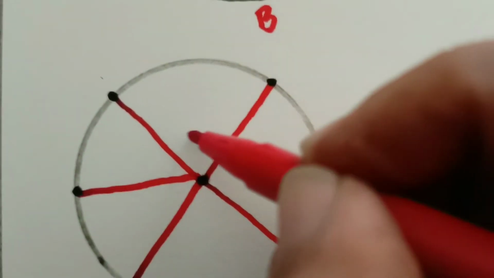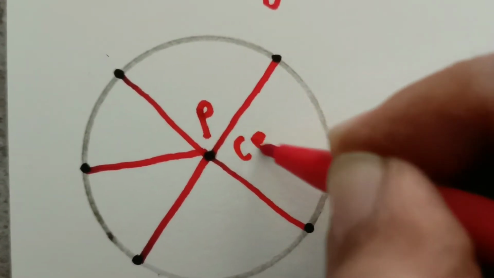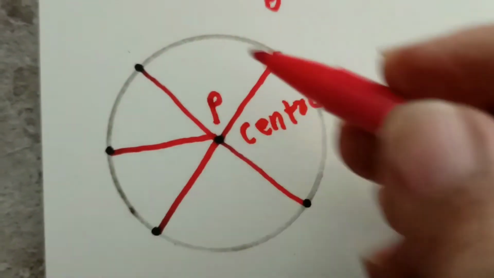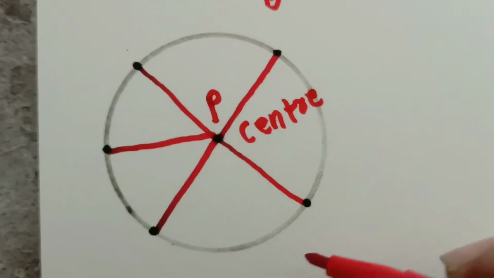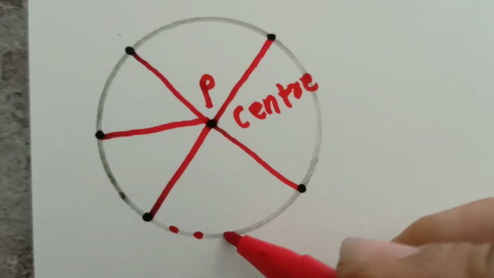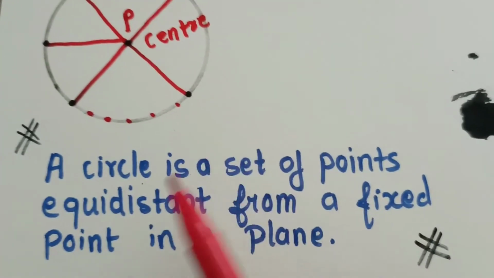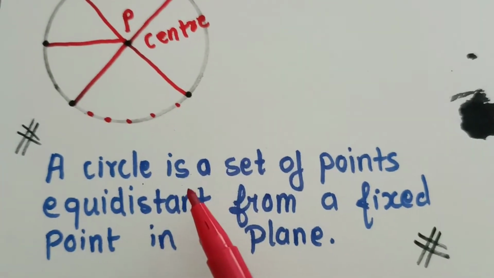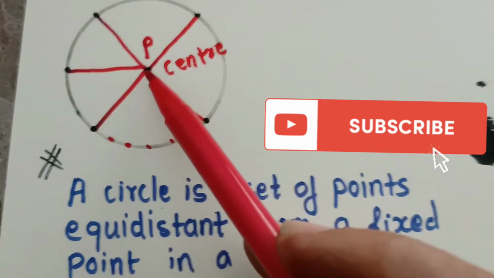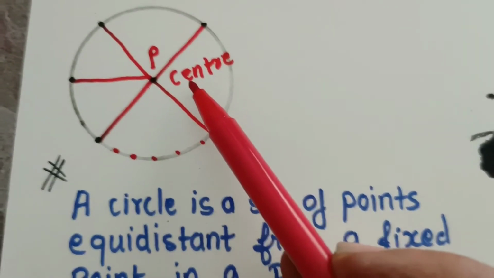Let us name this point as P, which is the center of the circle, and all these points lie on the boundary of the circle. We can plot as many points as we want. So we can say that a circle is a set of points equidistant from a fixed point in a plane, and this fixed point, point P, is known as the center of the circle.